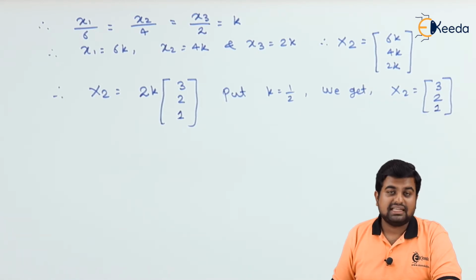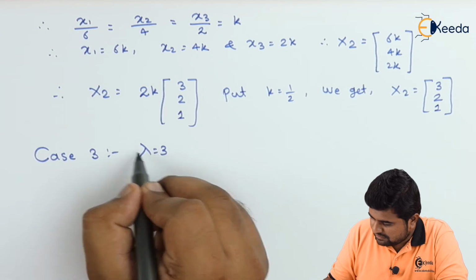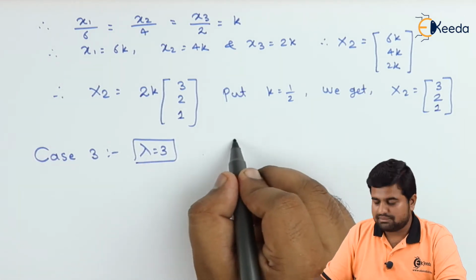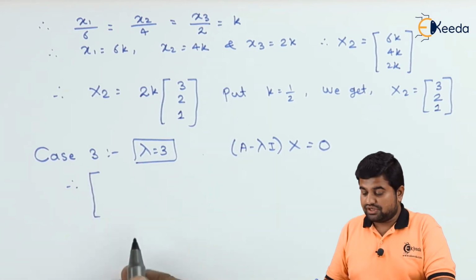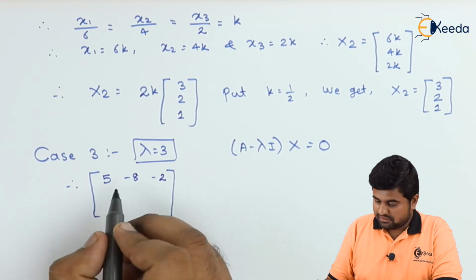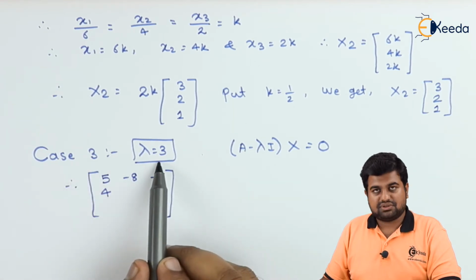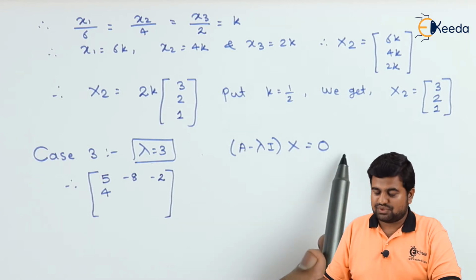Now we'll focus on case 3, which is lambda is equal to 3. Case 3 is lambda is equal to 3, and the characteristic equation is (A minus lambda I) into x is equal to 0.